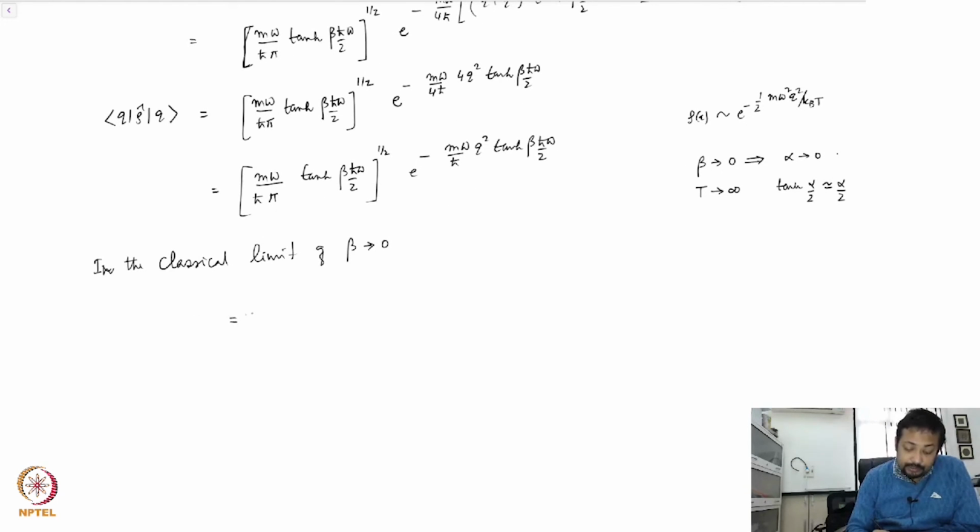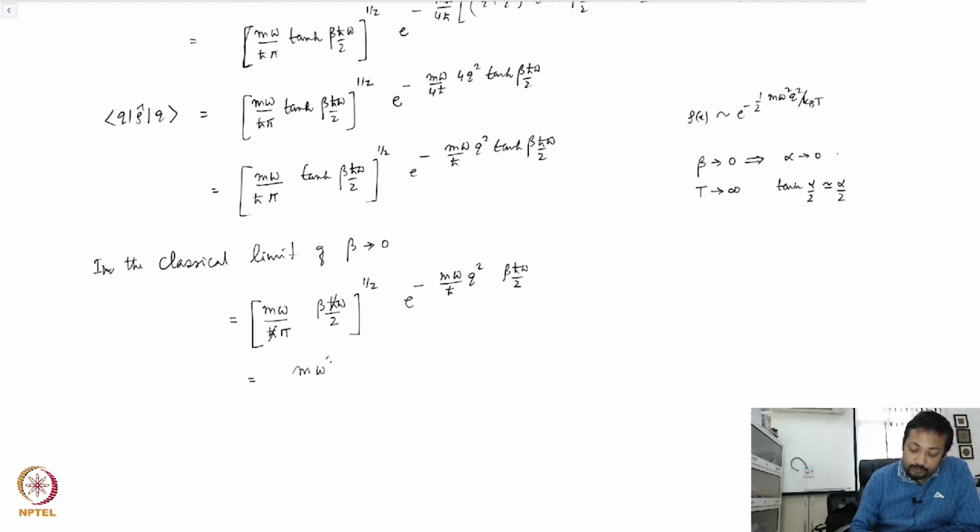this becomes m omega over h bar times pi, and then I have beta h bar omega over 2 raised to the power half e to the power minus m omega over h bar q square beta h bar omega by 2. H bar cancels out, and then I have m omega square over 2 pi kBT.